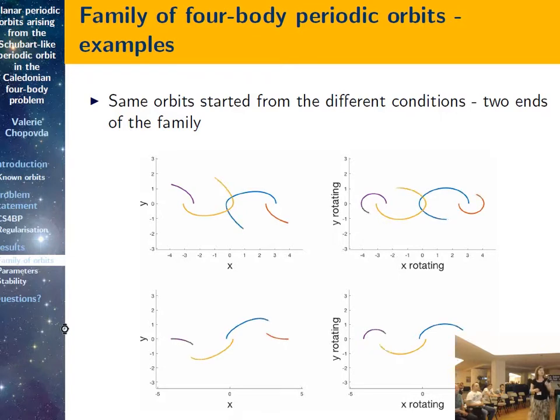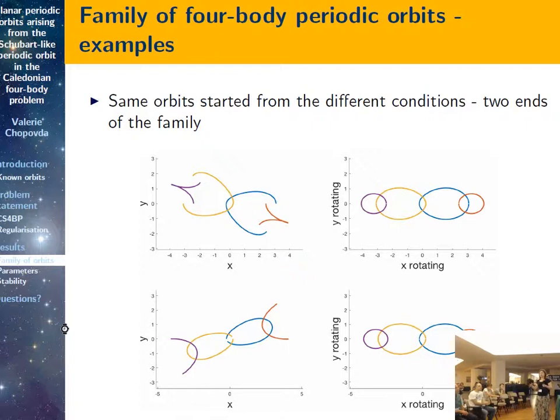So in fact, the second orbit is the same orbit, but just plotted from half period. And it rotates in the opposite direction, so all the velocity vectors, angle of rotation and angular momentum are all opposite to what we have in the first orbit.